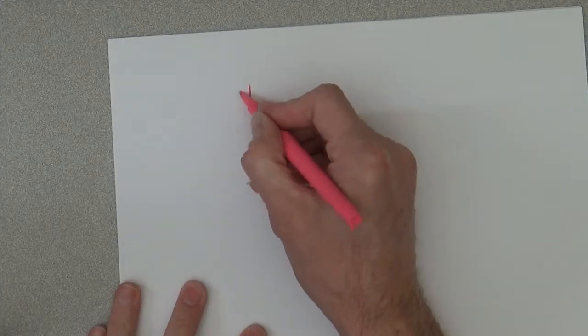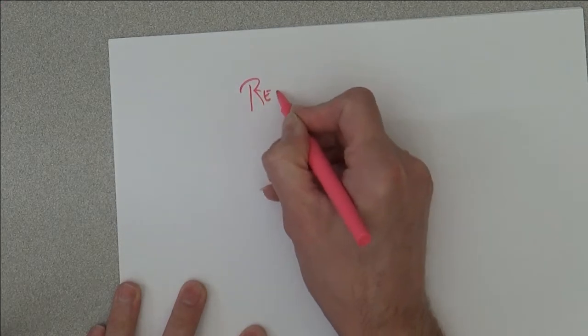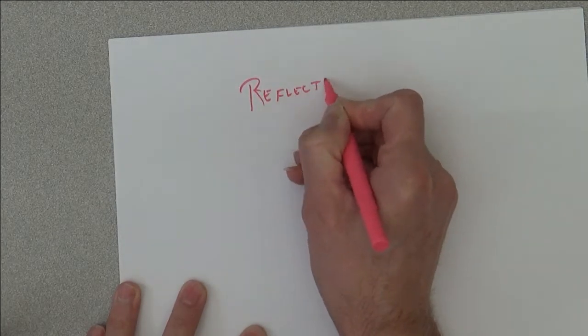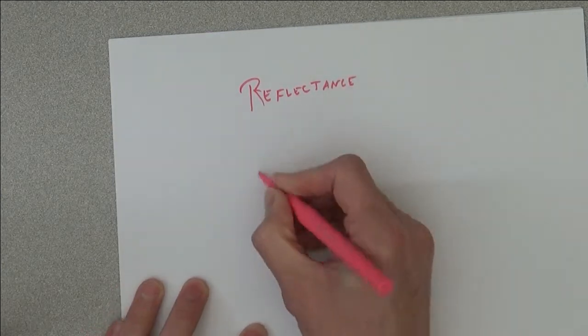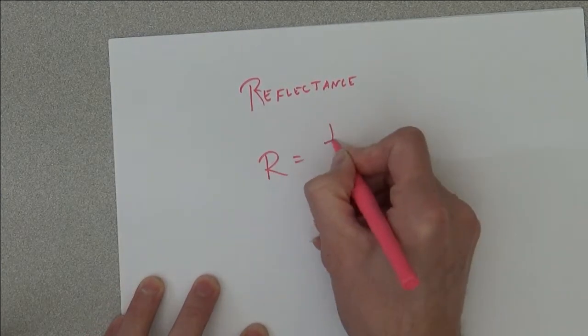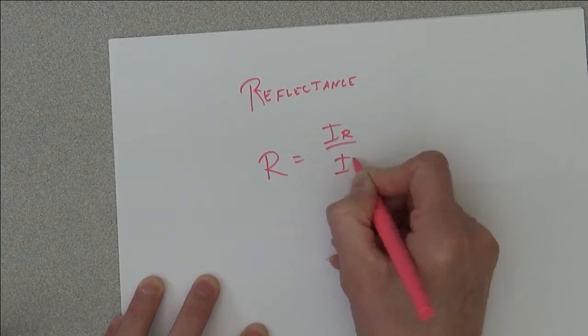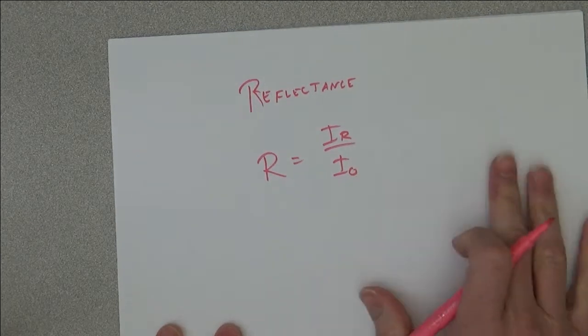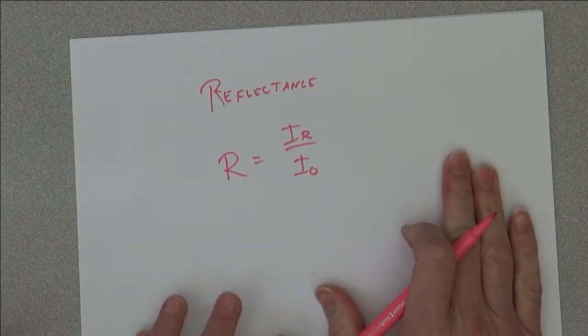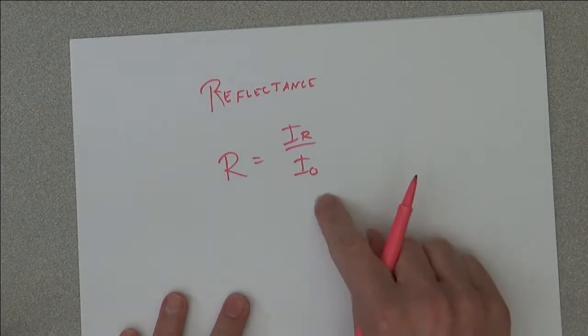So this brings us to reflection and the reflectance. And this can be written also in terms of the difference in the index of refraction.